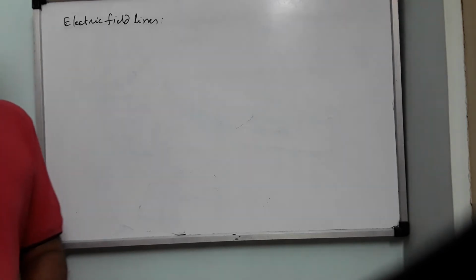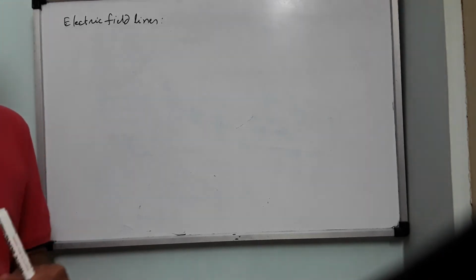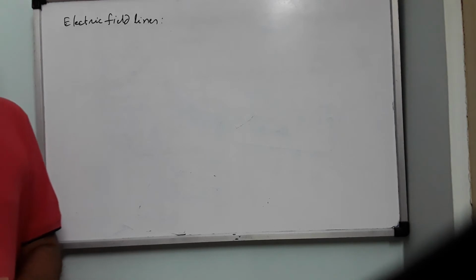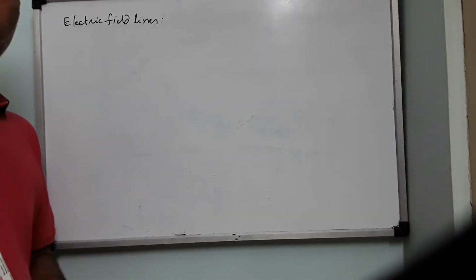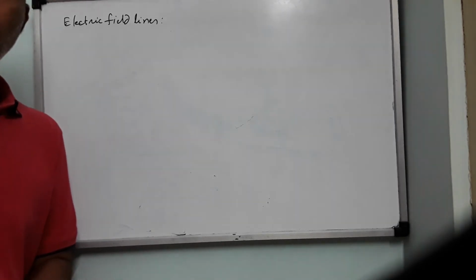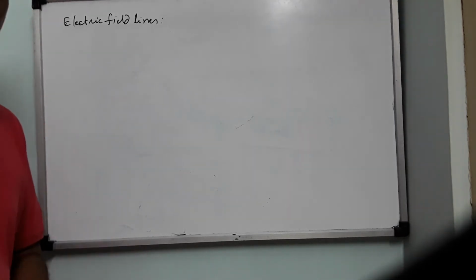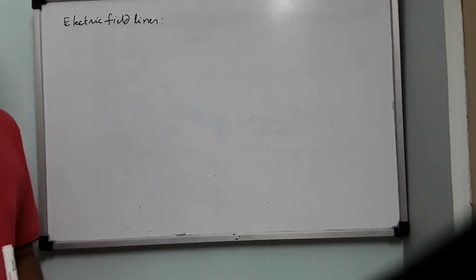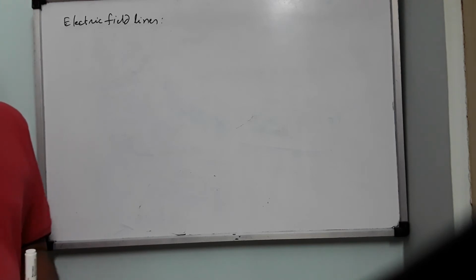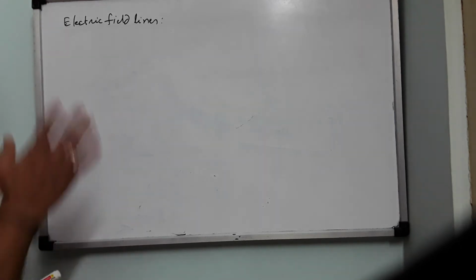He said that electric field intensity, electric field magnitude, electric field strength not only can be calculated with the help of Coulomb's law using the formula 1 by 4 pi epsilon naught into q by r square, which is calculated mathematically. It also can be calculated by figures, that is, pictorially.